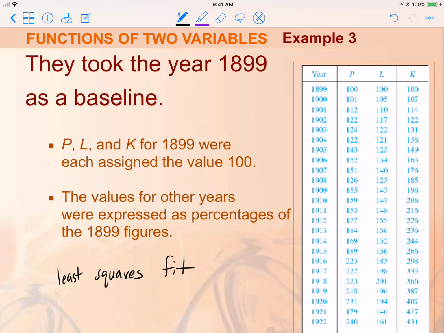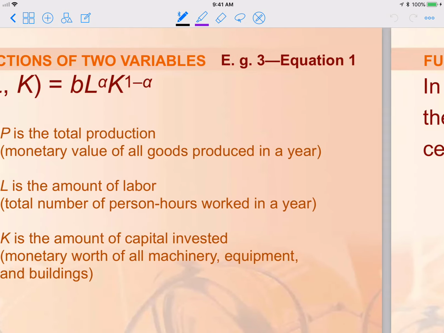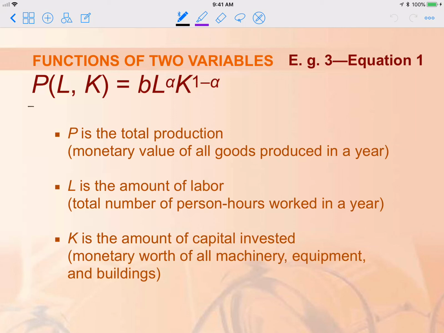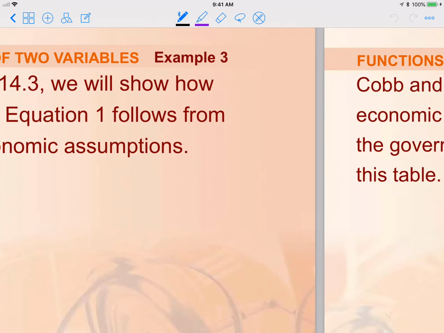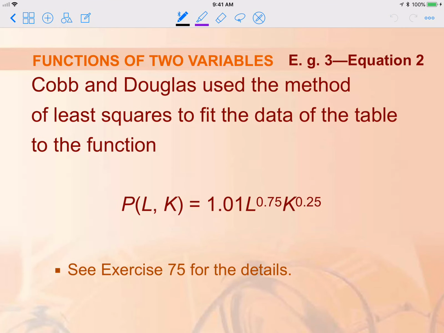They took this data and fit it against the original assumption about the form of the function, to see what values of alpha and B make the data best fit the equation. It turned out that B needed to be equal to 1.01 and alpha needed to be equal to 0.75.